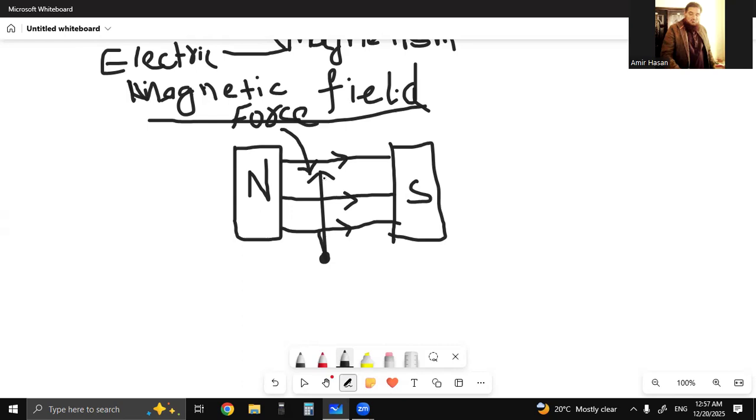Normally, we define the magnetic field as the area or region around a magnet in which the magnet exerts a force on another magnet or magnetic material.